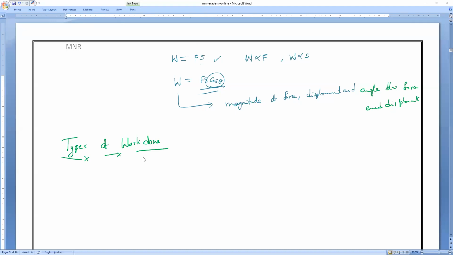That is what you have to write: types of work done depend upon the angle theta between the force and displacement.